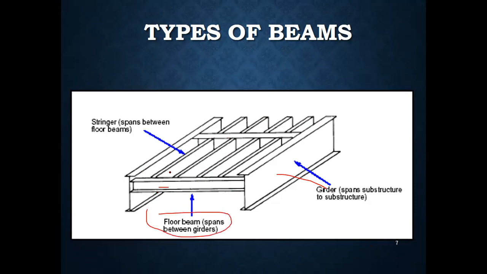And we have the stringers that are usually placed between the various floor beams. Like in this case, we have one floor beam at this end of the member and the other floor beam in the middle of the structure. So these two are called floor beams.